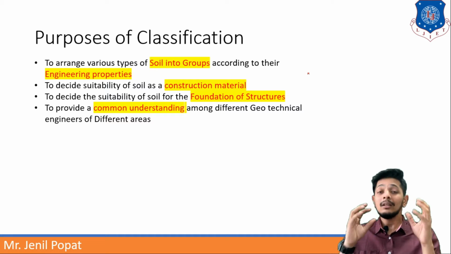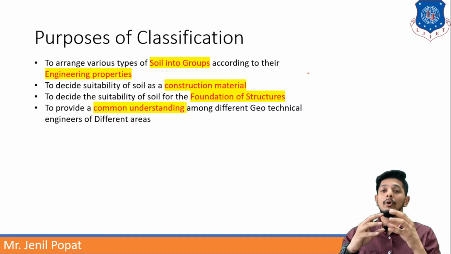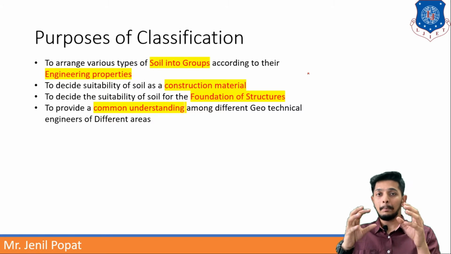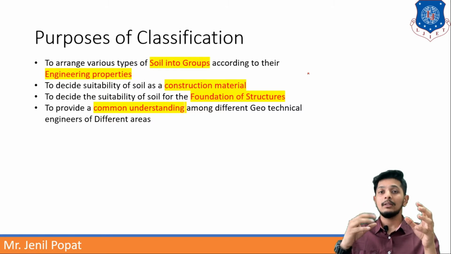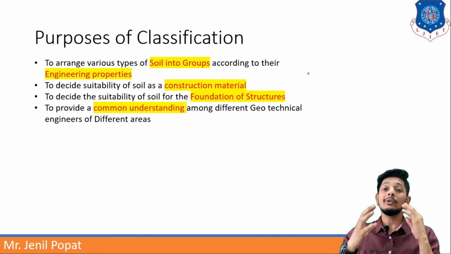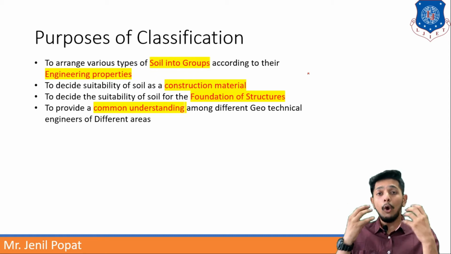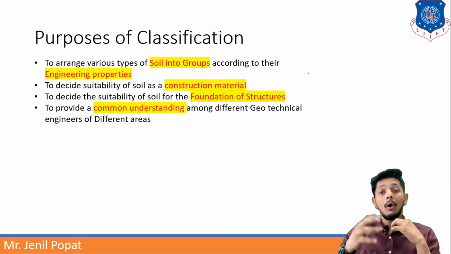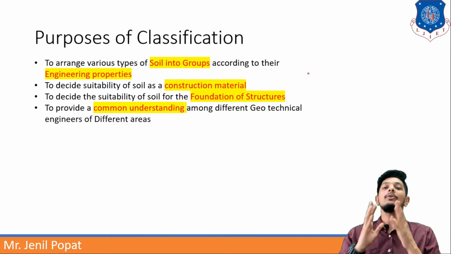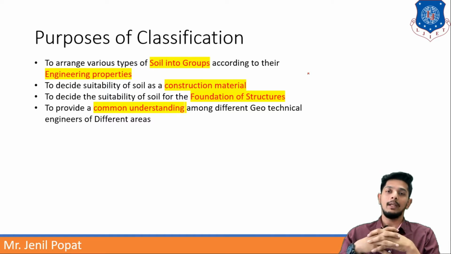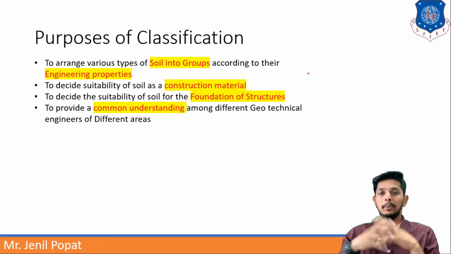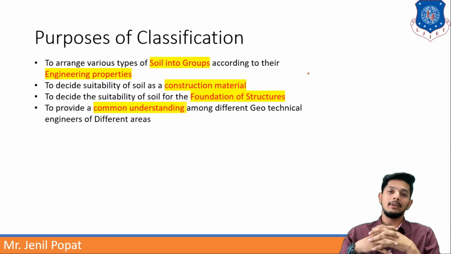So both are viewing the same soil, but the perception of both of us is different. To remove the clashes and to provide a common understanding among all geotechnical engineers, you have to classify the soil. So these are the basic purposes of soil classification.